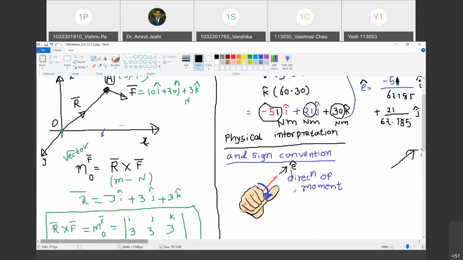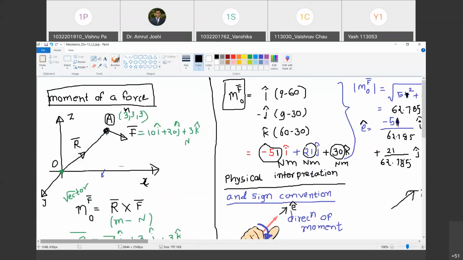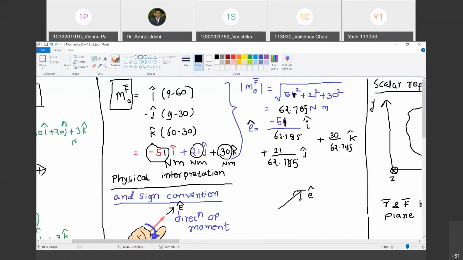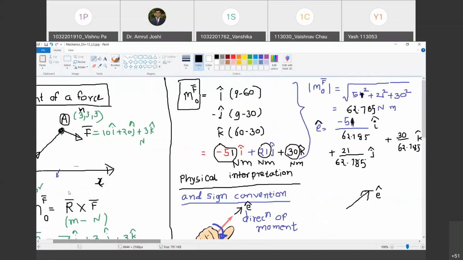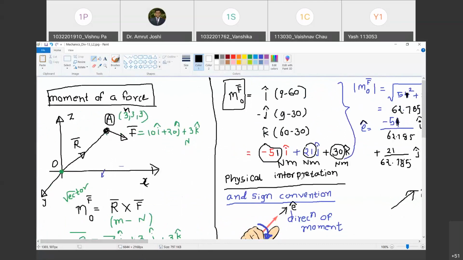So you can express either three components of moments about X, Y, and Z axis passing through point O, or you can simply write down the moment in its vectorial form. In that case, it will be acting about an axis parallel to E cap passing through O. Happy? Yes, sir. Okay, so we have understood this.